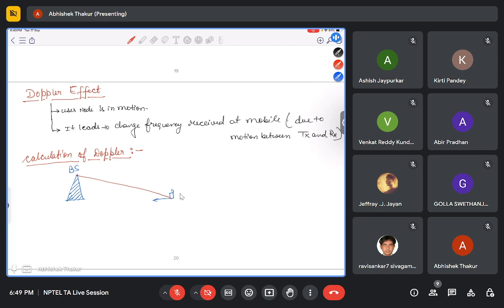The angle between the moving mobile node and the base station is, let's suppose, theta, and the node is moving with velocity v.